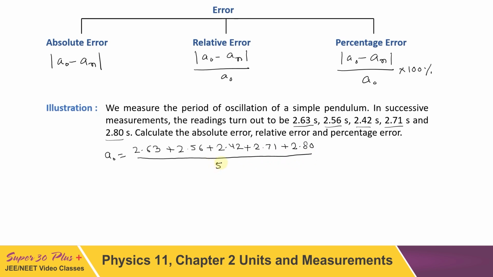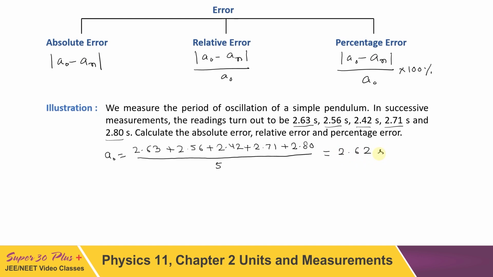So it has to be divided by 5 to get the mean value. If you calculate the value, it will come out as nearly equal to 2.62 seconds. So this is the true value. We got the true value.